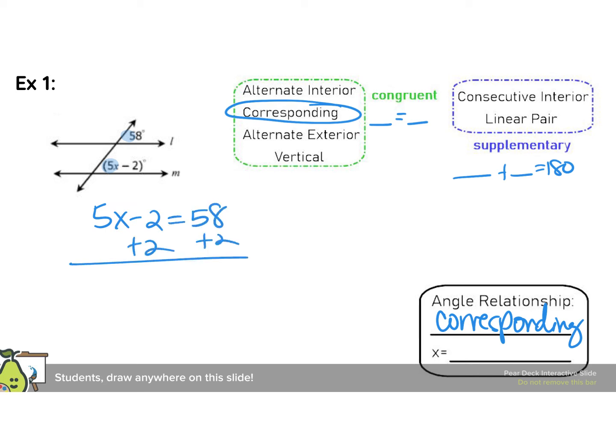Solve for x. Okay, so there we go, x equals 12. I'm not solving for the angle because I would actually already know that, right? Because those two are congruent, I know that this angle, so that's 58, this angle down here would have to be 58 degrees also.